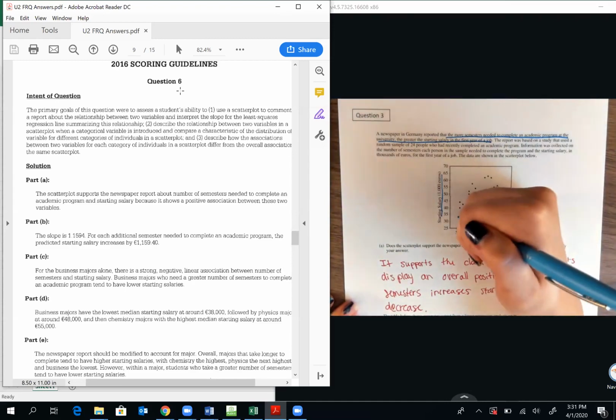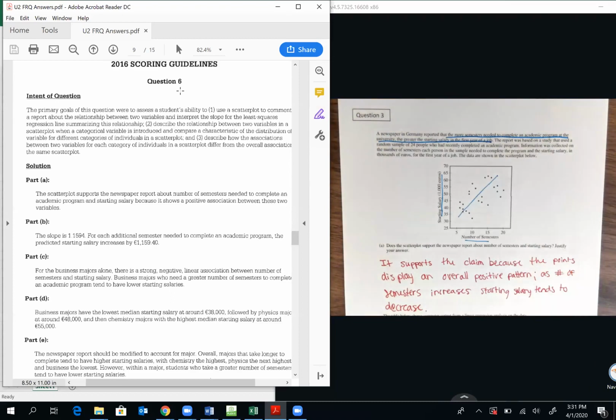We can see there's definitely a positive relationship between these points. Only a moderate relationship, but definitely positive. So the more semesters needed to complete an academic program, it does appear that the greater the starting salary. So it does appear if you spend more semesters that you get a greater starting salary.